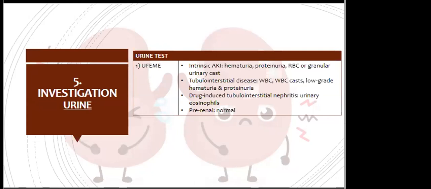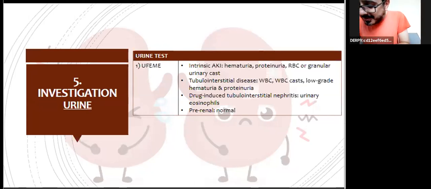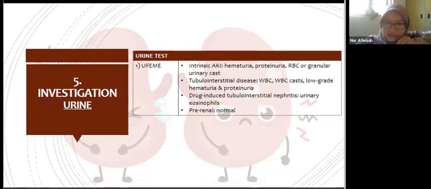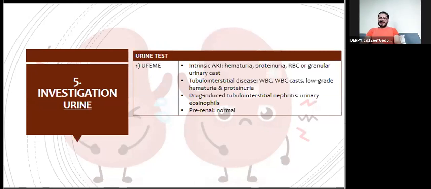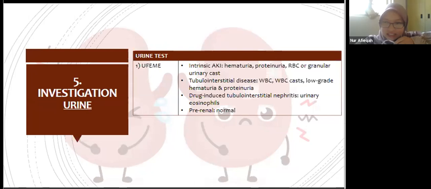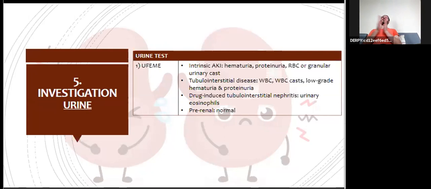Urine sodium divided by plasma sodium, divided by urine creatinine over plasma creatinine, times 100. Very good. Correct. Like you said, urine sodium over plasma sodium, divided by urine creatinine over plasma creatinine.